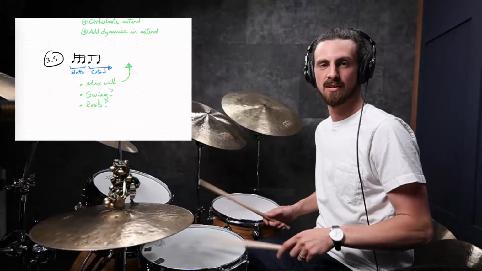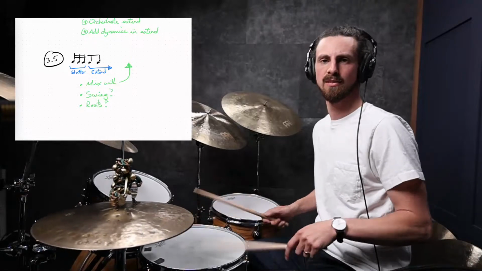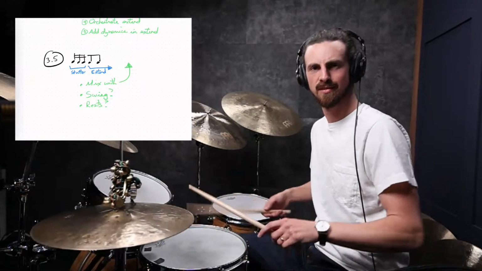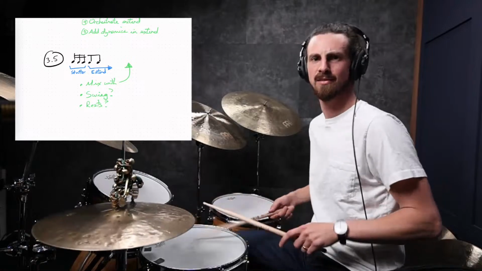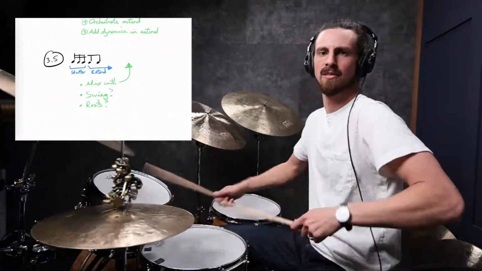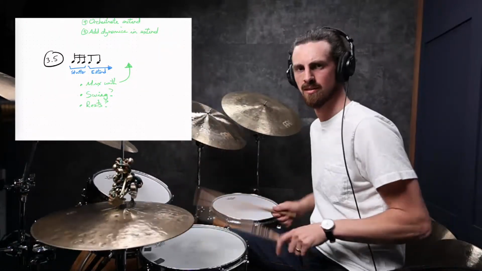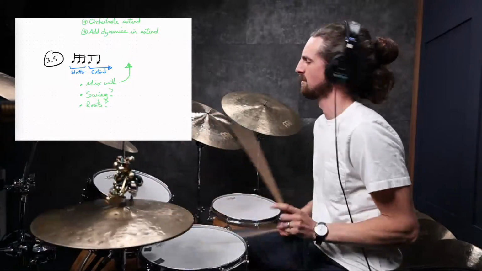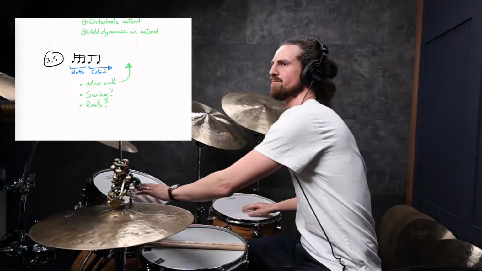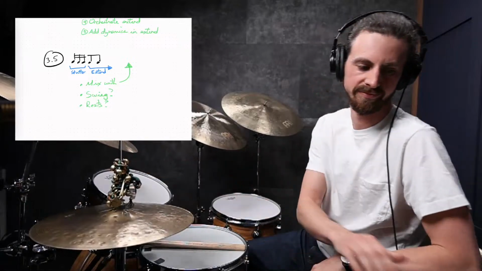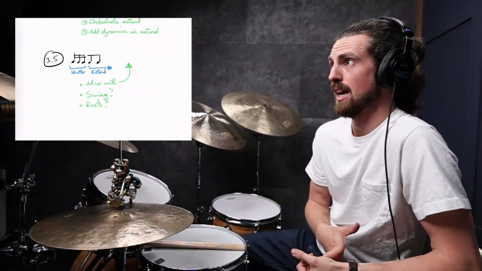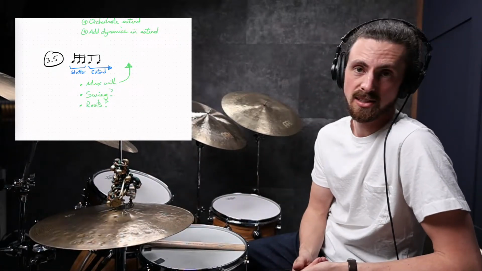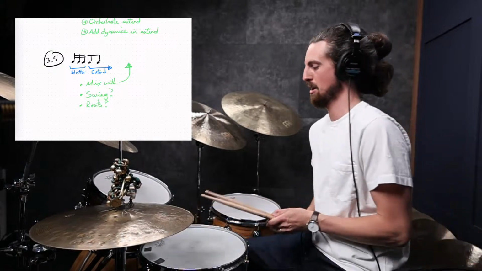Sugar do dat da da da da sugar do dat da da da sugar do dat da da da. And then, of course, adding rests, adding actual space, which is my last step. There's sugar doopa doopa doopa.